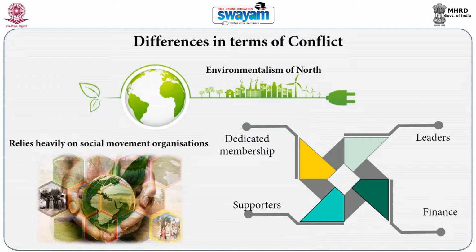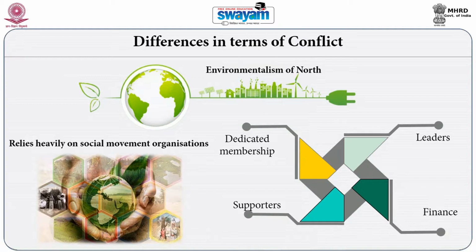So when we see environmental movements in the global north, we find court cases, lobbying, pressure groups, recourse to media. These are important ways in which these conflicts take place. Therefore, environmental conflicts in the global north are more formal or more democratic, where the conflict manifests itself with the help of organized social activity, organized collective mobilization.